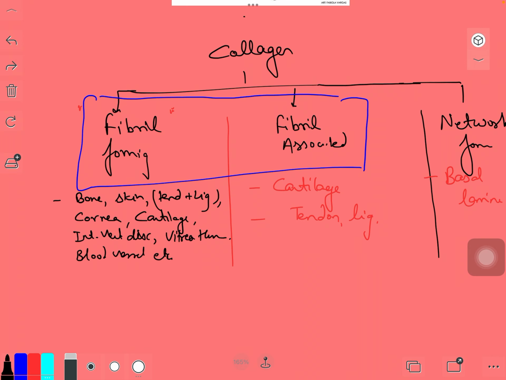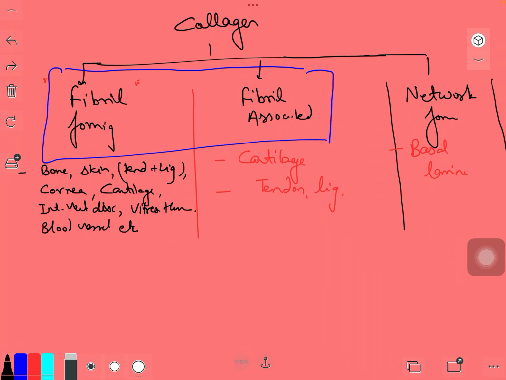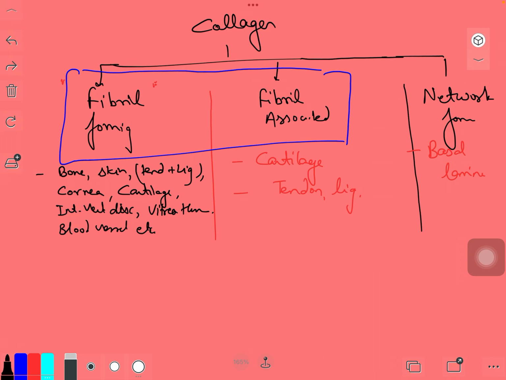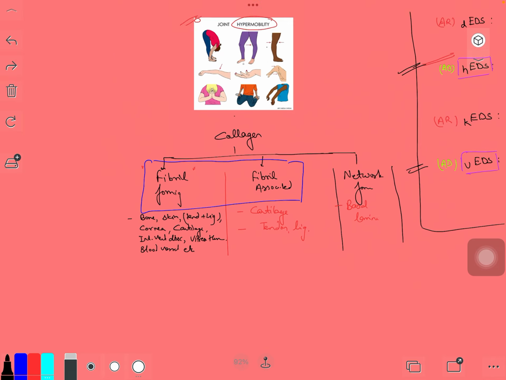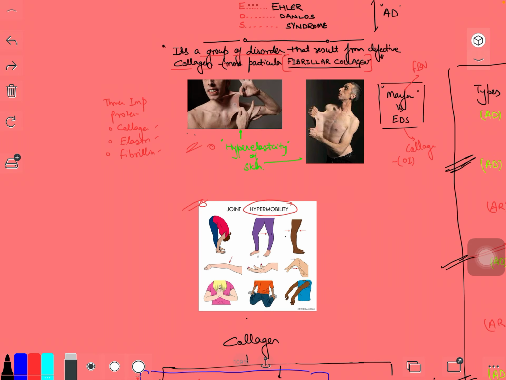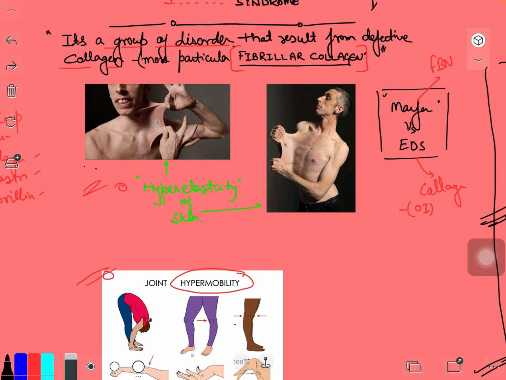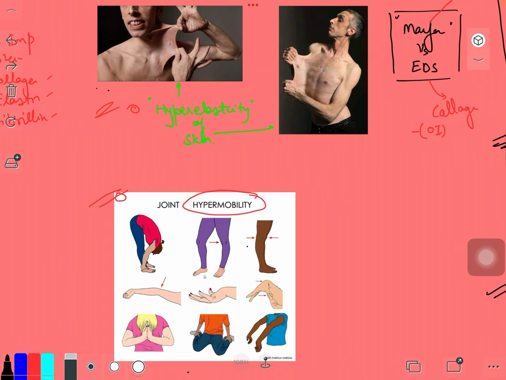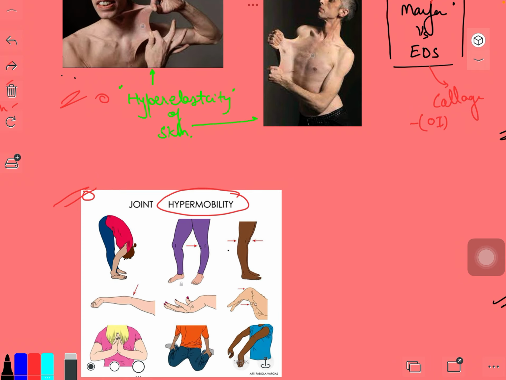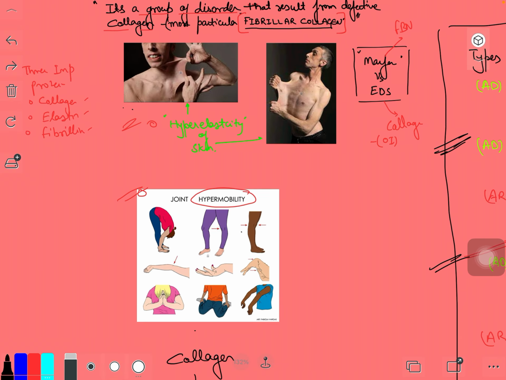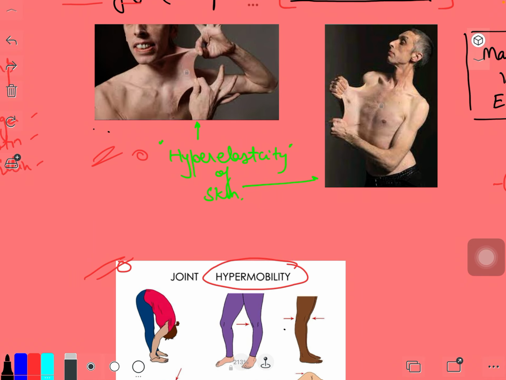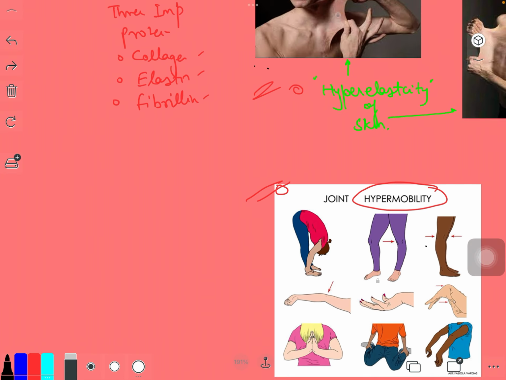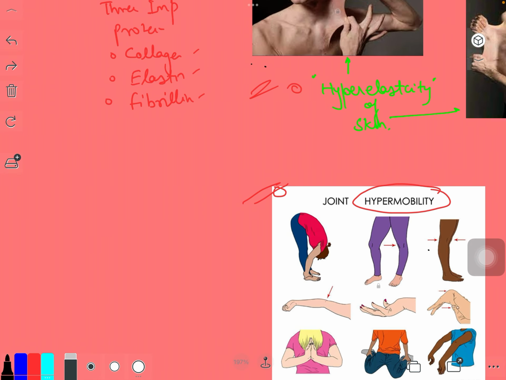There are even a few areas I don't remember. Anyways, majorly the body has these areas, and because of this the patient depicts three major things. Skin has a huge amount of collagen. The joints, the tendons, ligaments have a huge amount of collagen, and because they are defective, the patient will have hyperelastic skin and hypermobile joints.